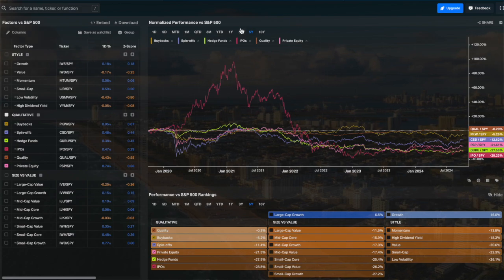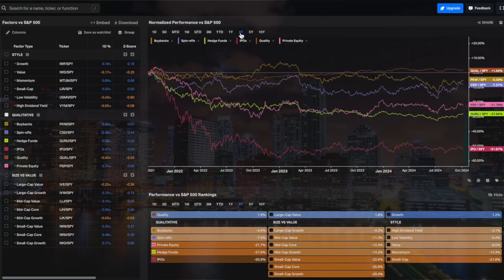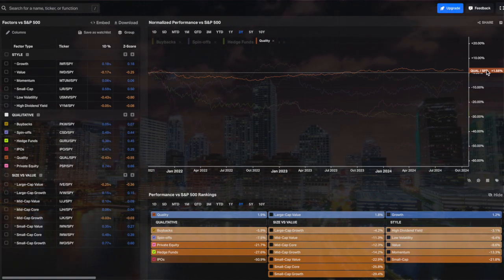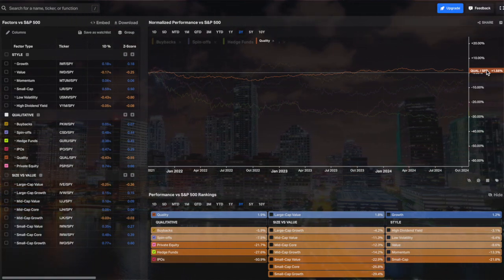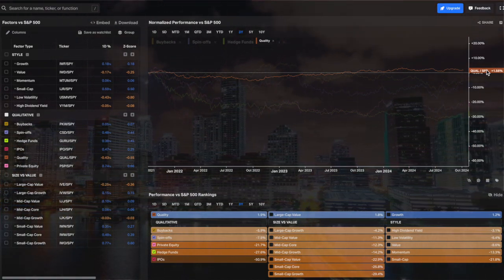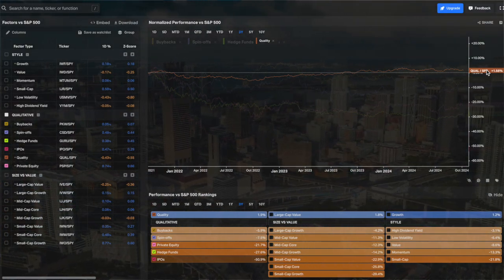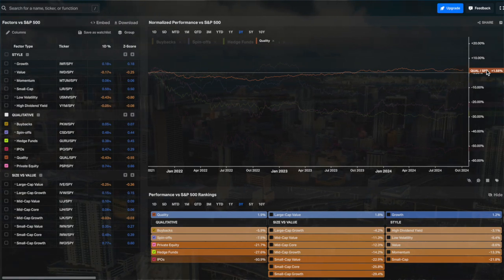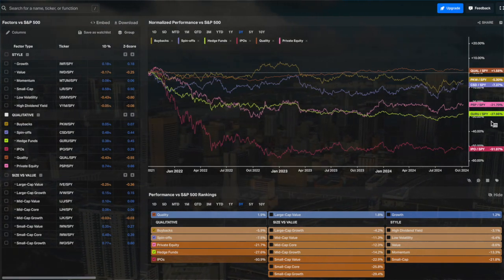And if I just zoom out and go closer here, this one here, quality, is the only one that's been in line with the S&P 500. So companies that had good balance sheets, good financials, really were in line with the performance of the market, while all the others have underperformed.